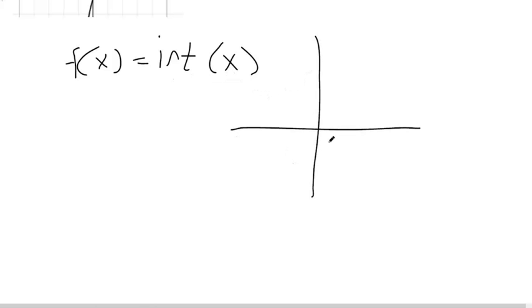So if you look in the book, from 0 to 1, it has a line right here. And then I think it has an open circle and a closed dot from x equals 1 to almost x equals 2, open dot. And then it steps up from 2 to 3. Okay, and it keeps going like that.